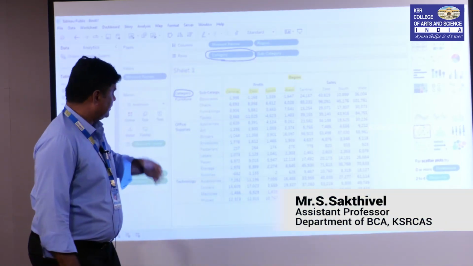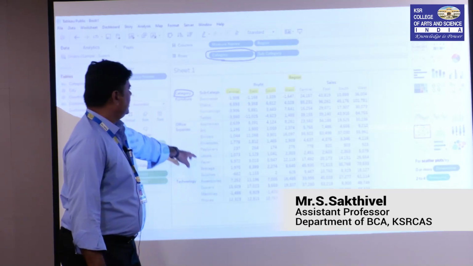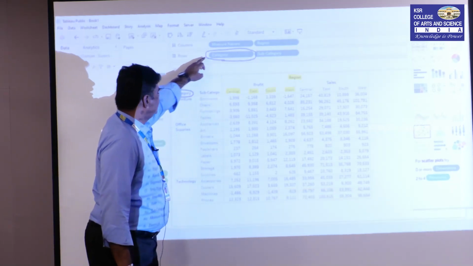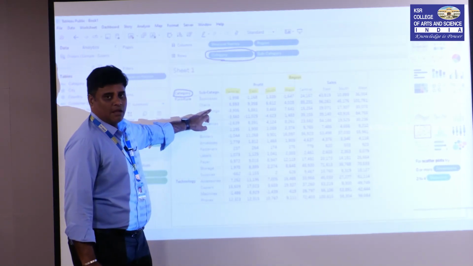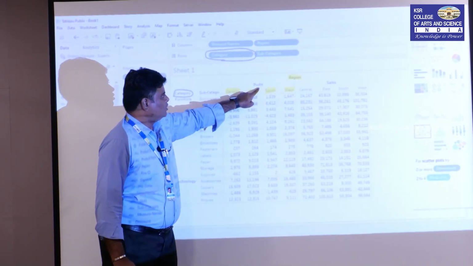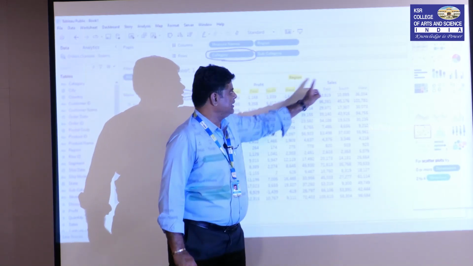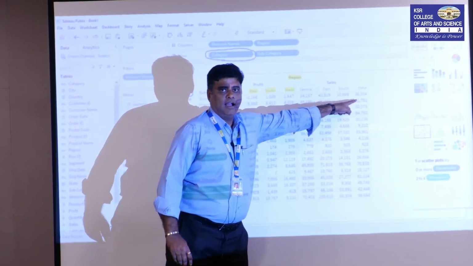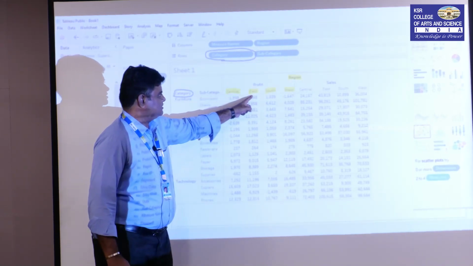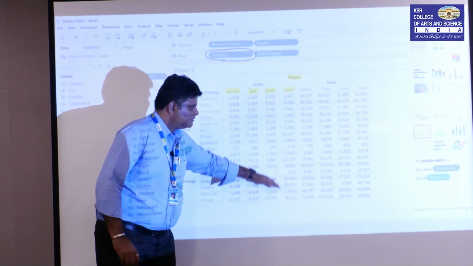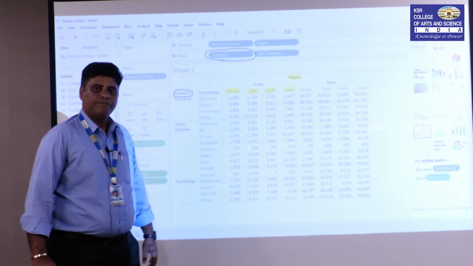Category-wise, for each subcategory of products, how much was sold in each region, as well as how much profit I gained in each region. This is the table I have retrieved.